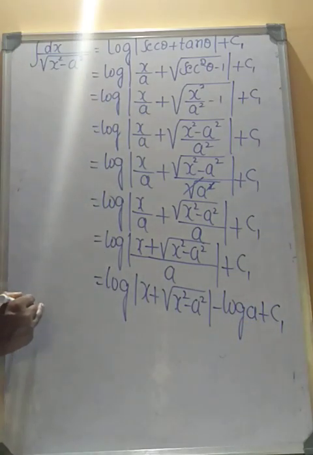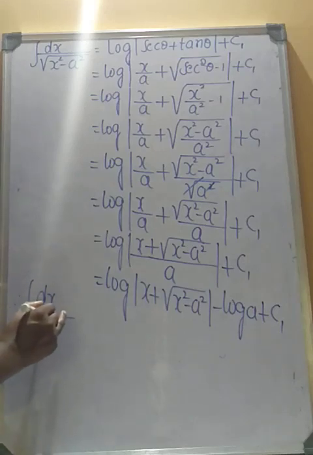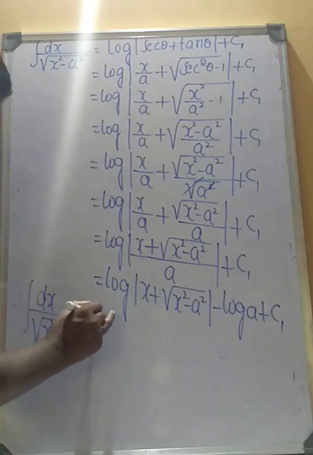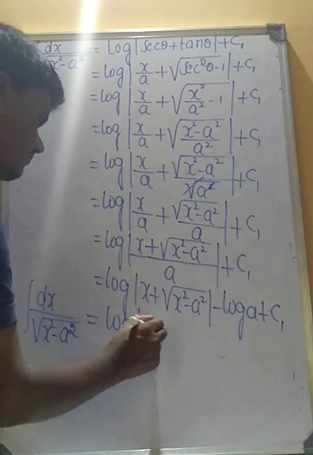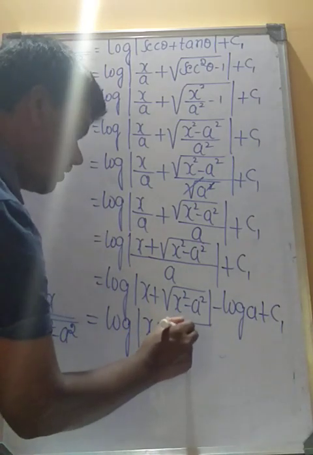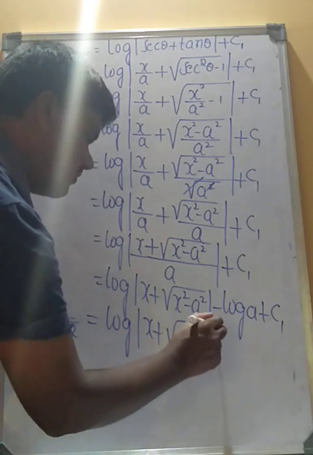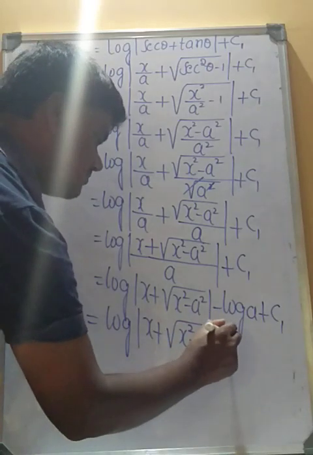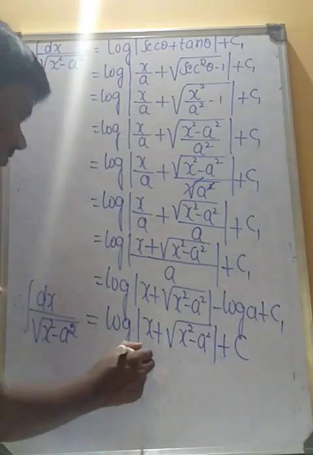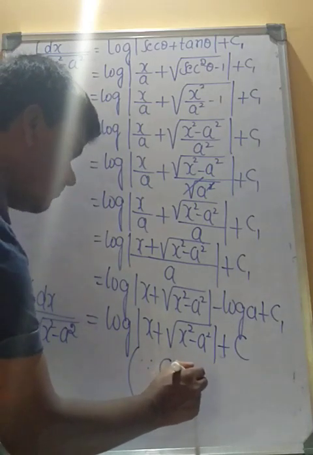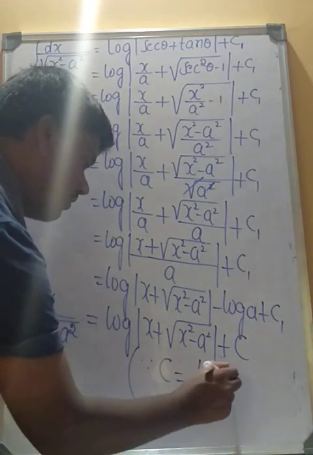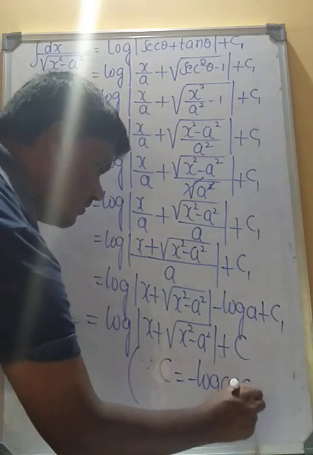So therefore, integral of dx divided by root of x square minus a square equals log of mod x plus root of x square minus a square plus capital C, where C equals minus log a plus C1.